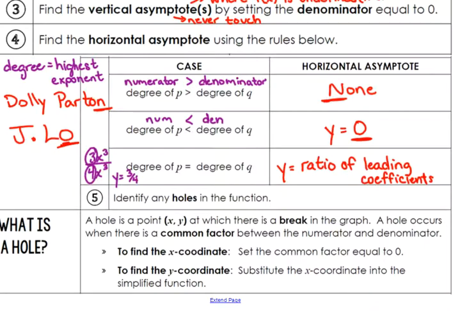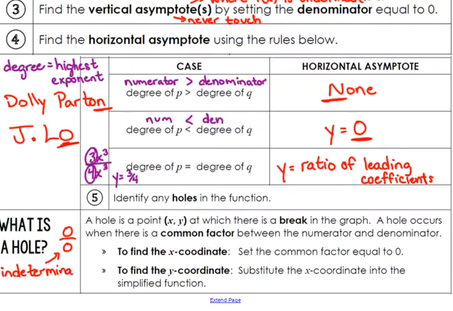What happens with a hole is not only are you dividing by 0, it is 0 over 0. It means you got 0 in the top and you got 0 in the bottom. That is something that we call an indeterminate form.